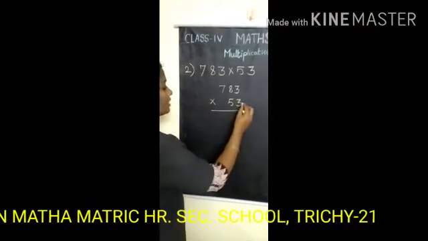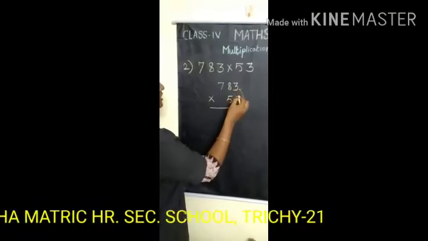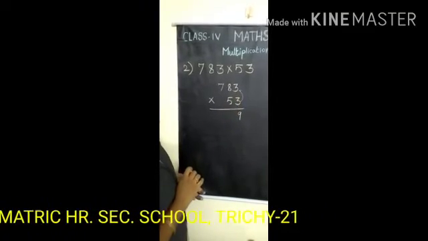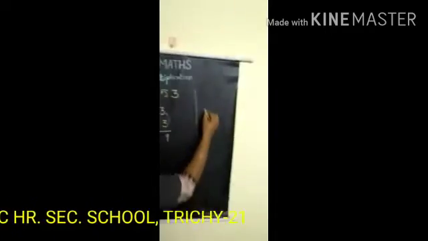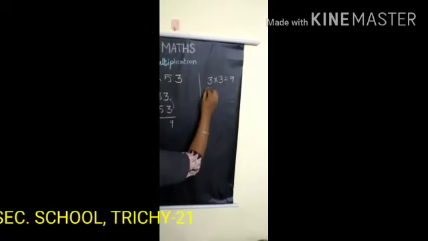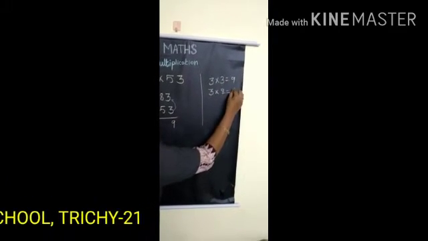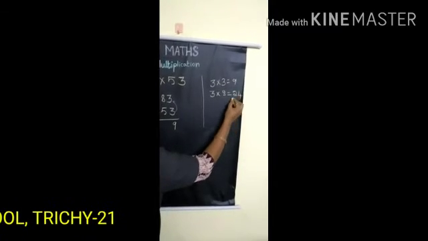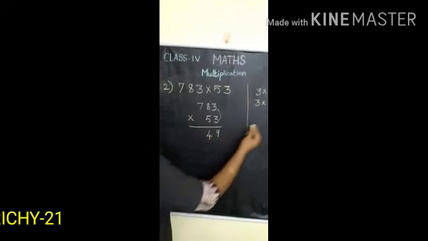See, 3 3s are 9. Then 3 8s are, what is the answer? Writing the rough column: 3 3s are 9, 3 8s are 24. So write 4 here.